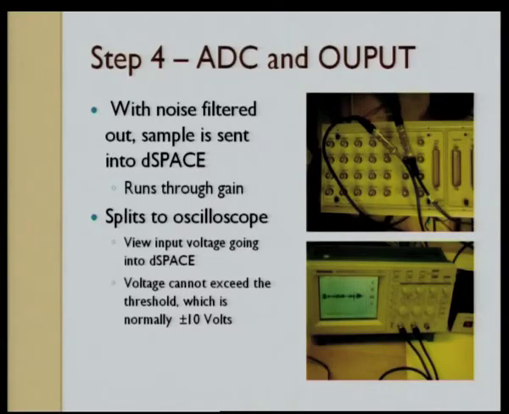Whatever is going into this ADC is now viewed on the oscilloscope for the output. The input voltage is first seen. In traditional systems we cannot exceed more than 10 volts, because for operating conditions more than 10 volts is dangerous. In many cases, like in real structures such as aircraft, large voltages are not available.